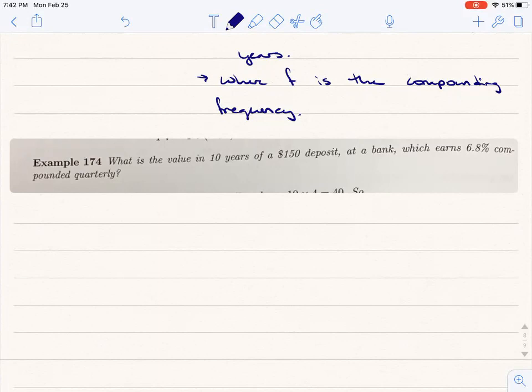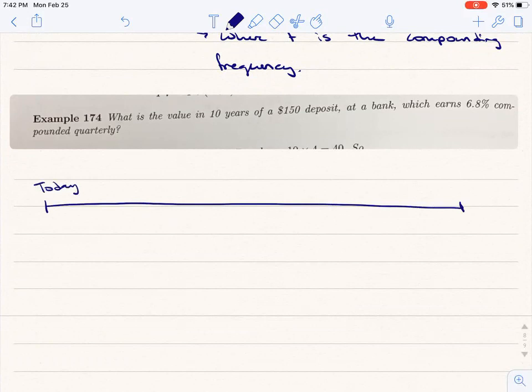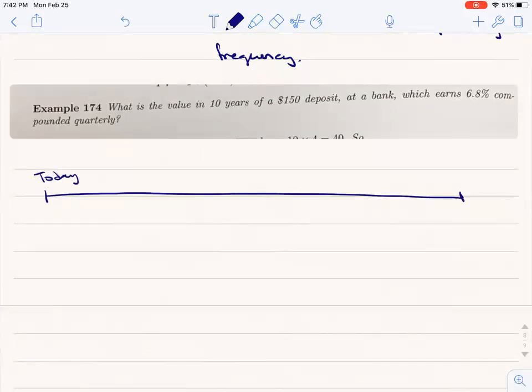So even though this is a really kind of simple problem that we maybe don't need a timeline for, right, it's always a good idea to draw a timeline just to map things out. Okay? And so what we've got, start point, end point, today, and then we make a deposit of $150.